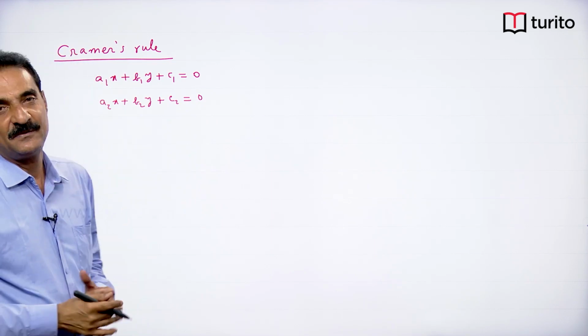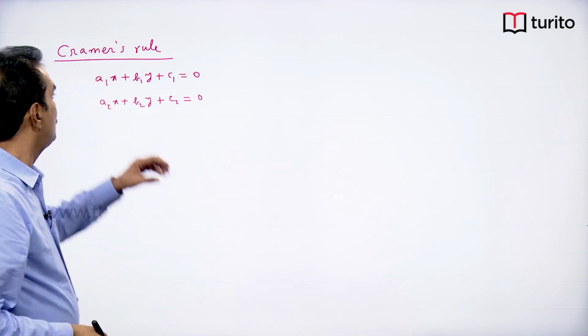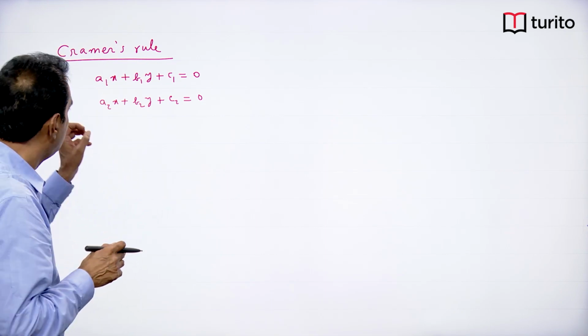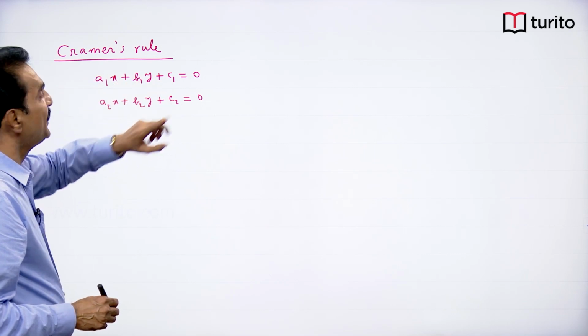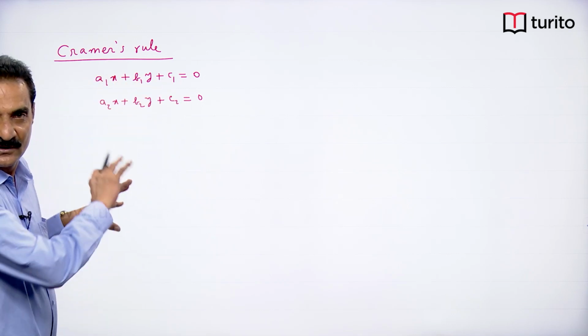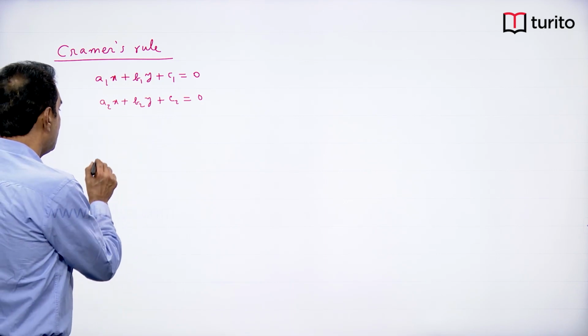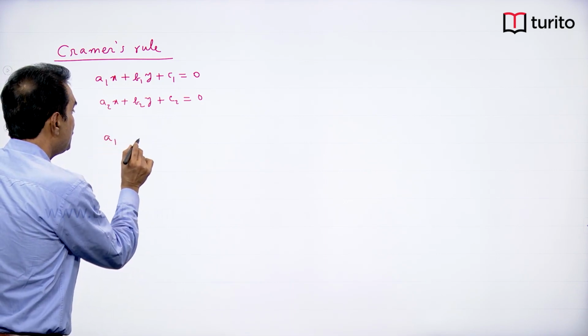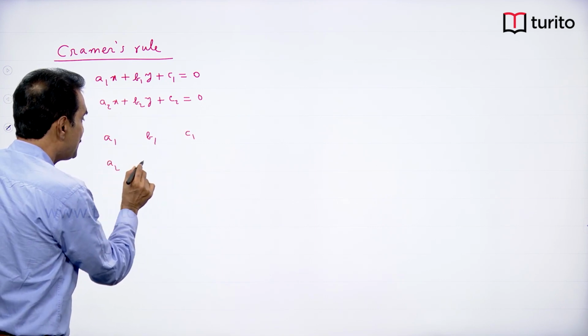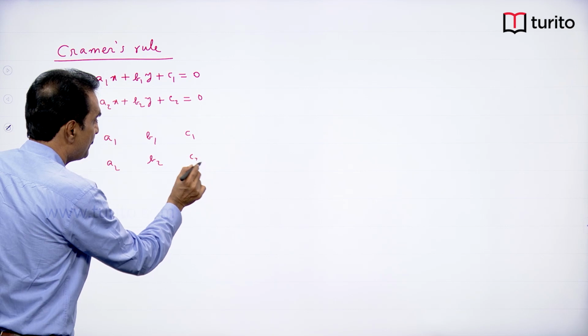You want to find x and y. Then we can follow this Cramer's rule and solve the equations comfortably. The method is: write the coefficients of x, y and constants in two rows. First row a1, b1, c1, second row a2, b2, c2.